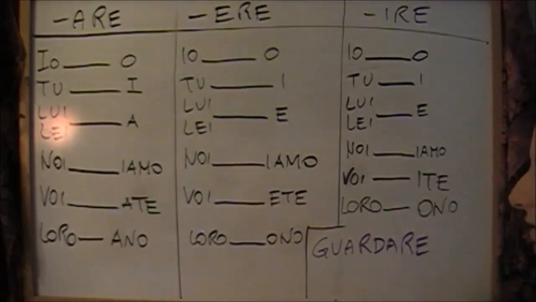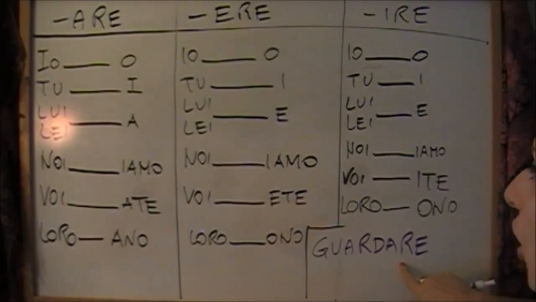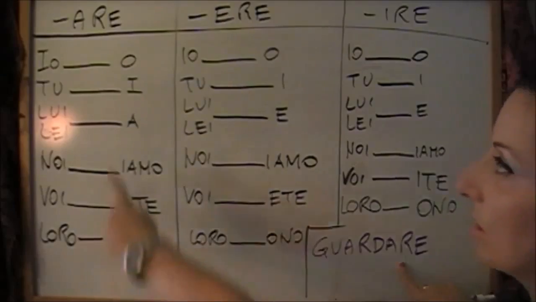Okay, so guardare. First of all, when you conjugate a verb, you take a look at the verb ending. Are, so it's infinitive. When a verb ends in are, ere, or ire, it is infinitive in Italian. Now you have to conjugate it. Follow this because it's very technical, and if you do it exactly how it is supposed to be done, you cannot be wrong. So, guardare, which group does it belong to? The first, you see?